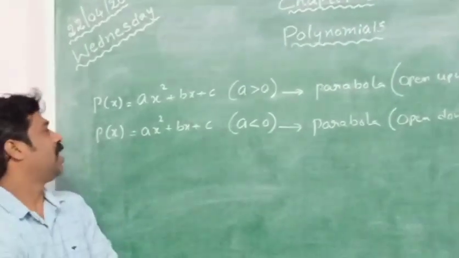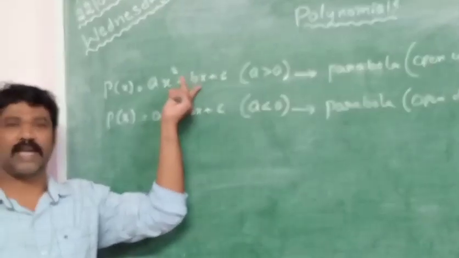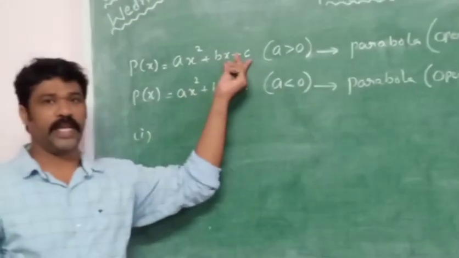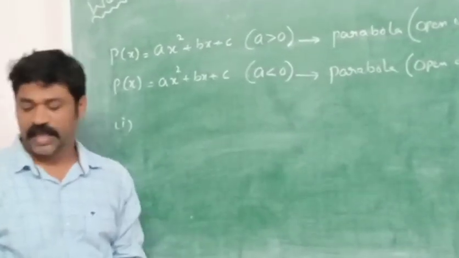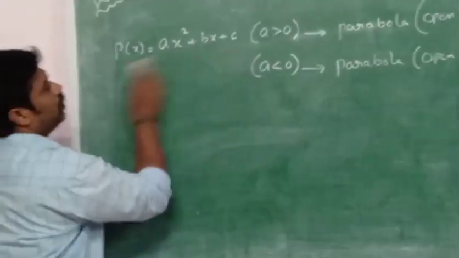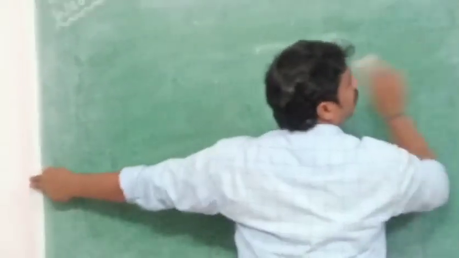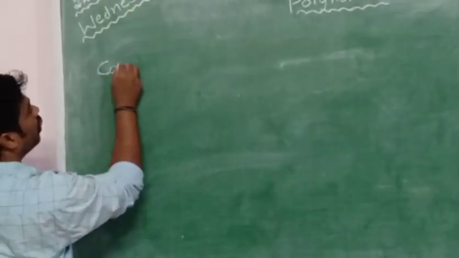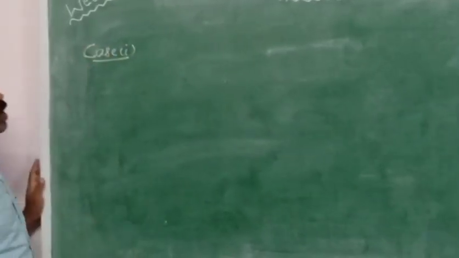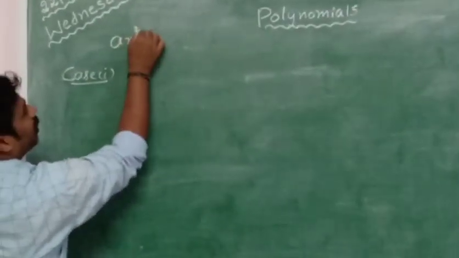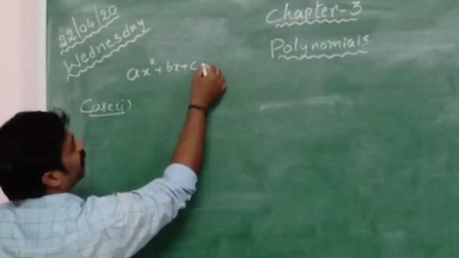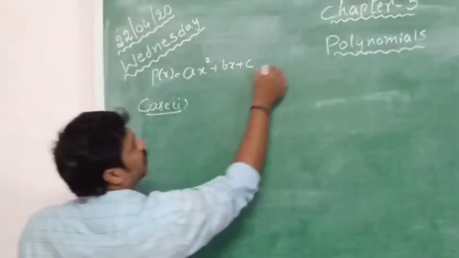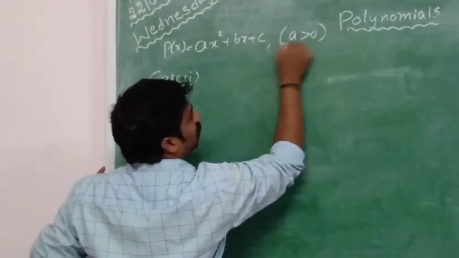Now if you observe the quadratic polynomial, if you draw the graph, we have three possibilities to get a graph. So if you draw the graph of p of x is equal to ax square plus bx plus c, and if a is greater than 0, this is very important.